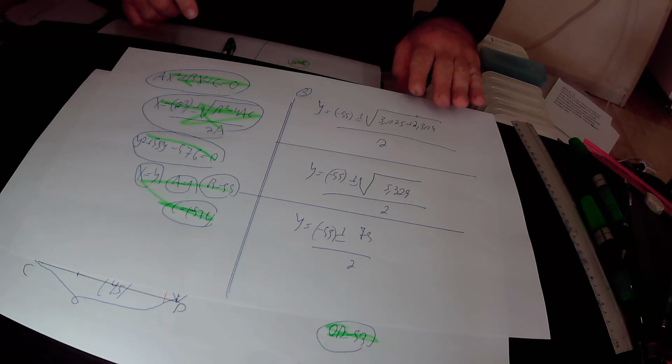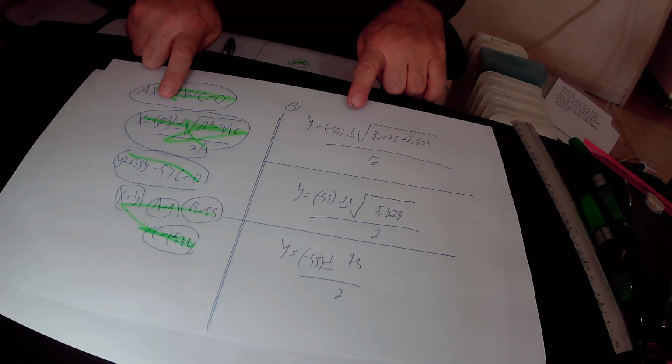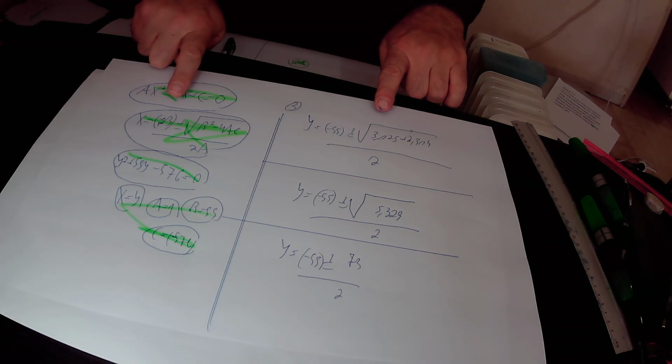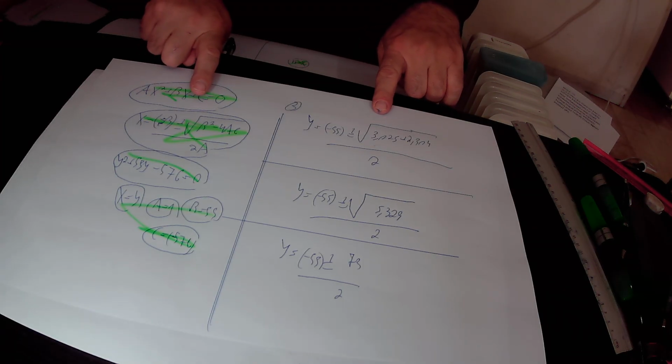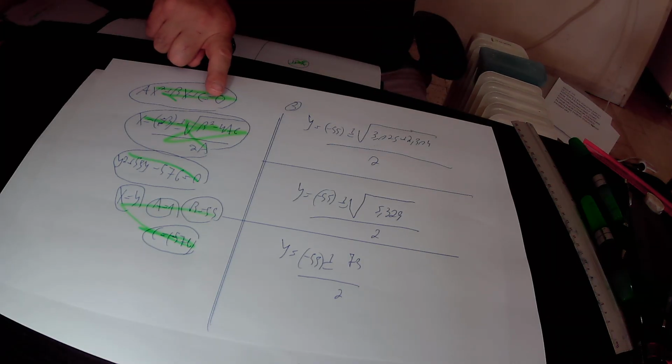So we substitute x by y: y equals minus b. b is 55, therefore minus b is minus 55, plus or minus the square root of b squared. b is 55, therefore b squared is 55 squared, and we also have minus 4 times a. a is 1, so minus 4 times 1 times c, which is 576.